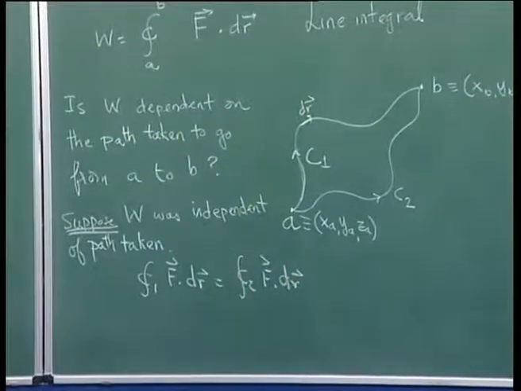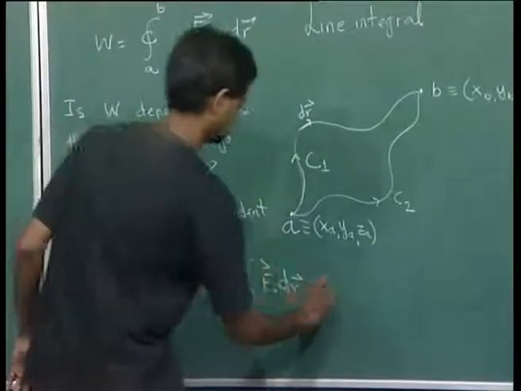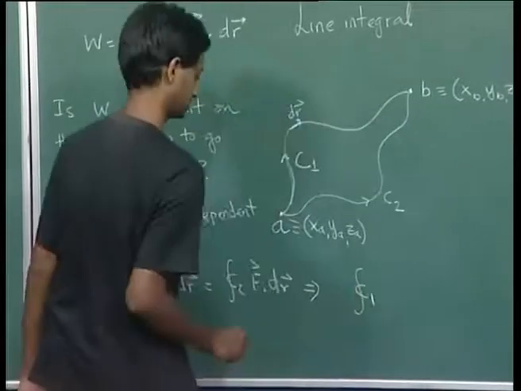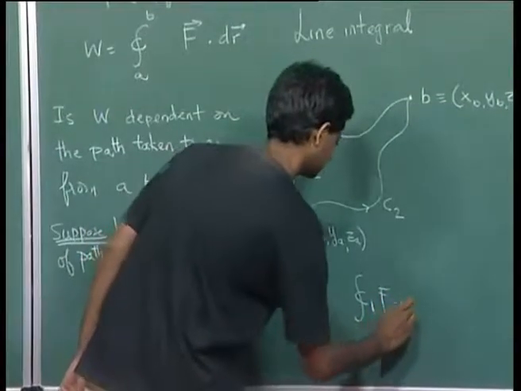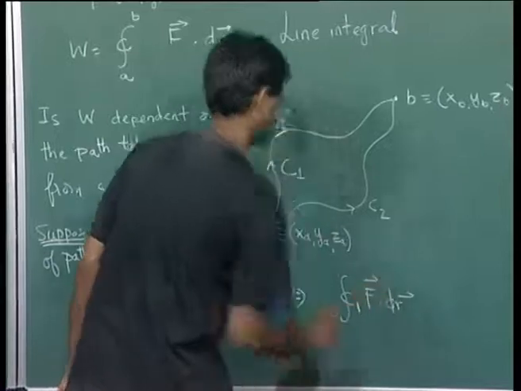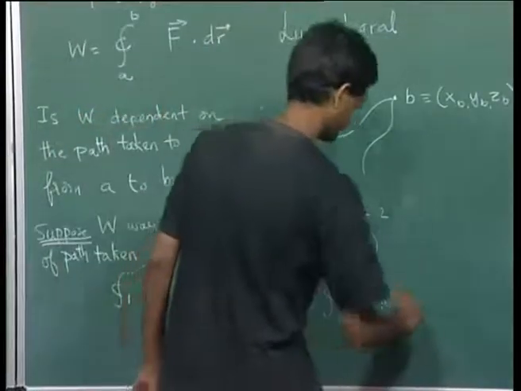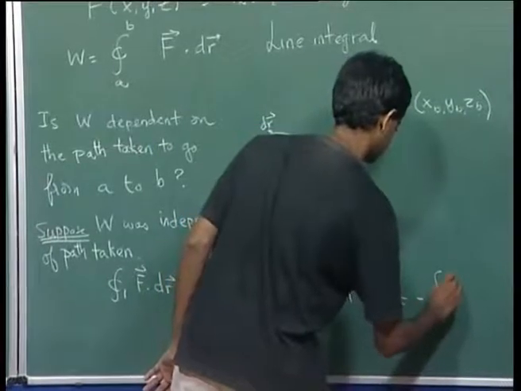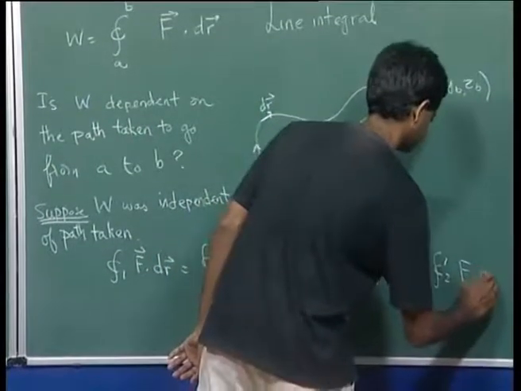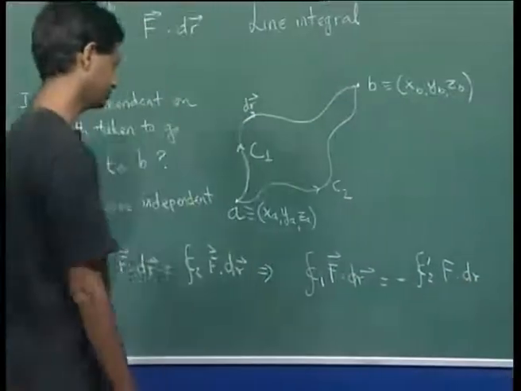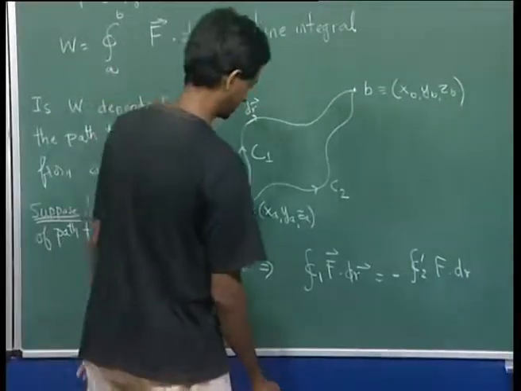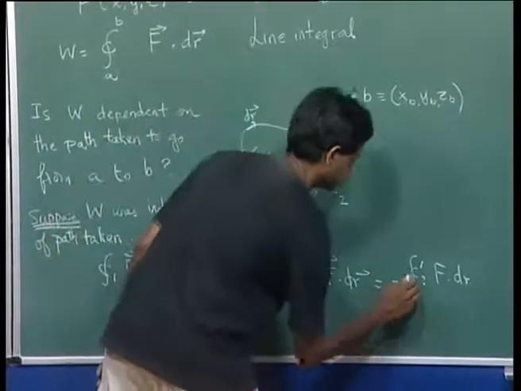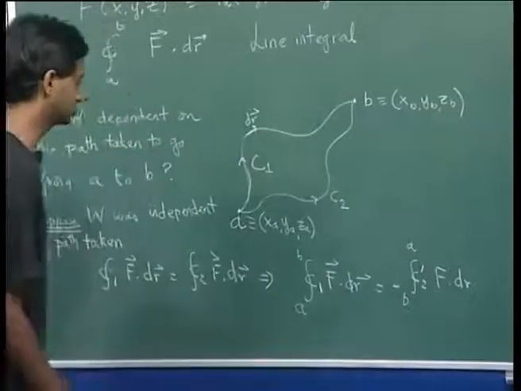Okay. And this implies the integral over C1 of F dot dr is equal to minus the integral over C2 prime of F dot dr. Okay, so this is from A to B, this is from B to A. So what is C2 prime?